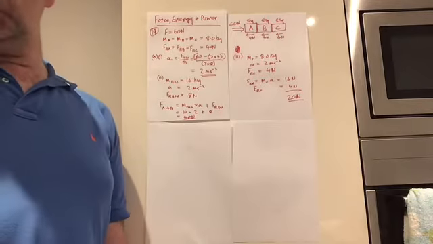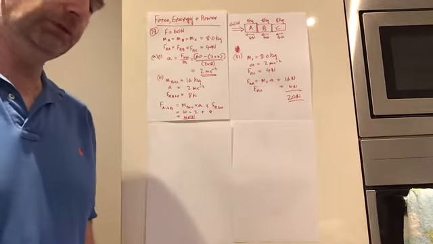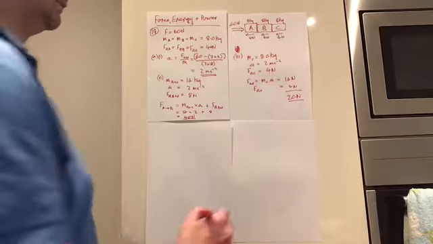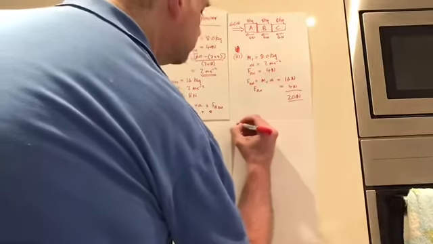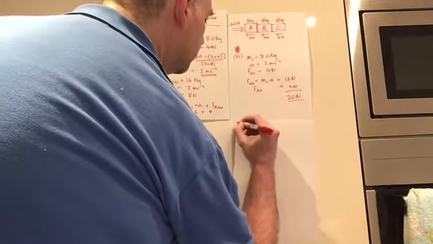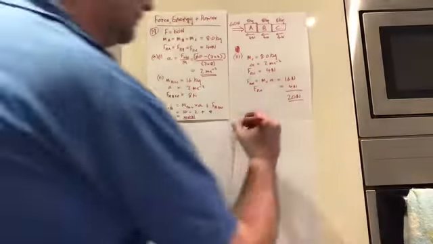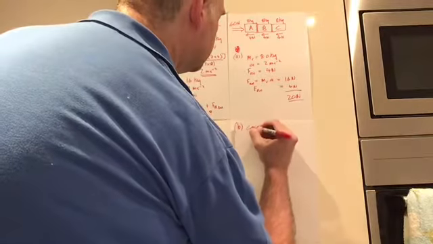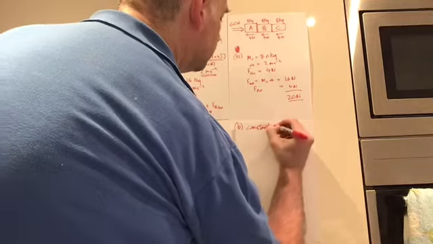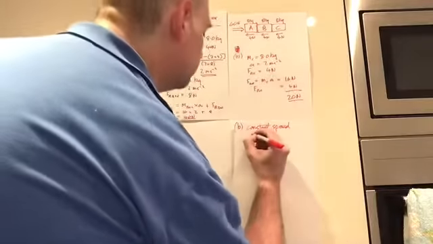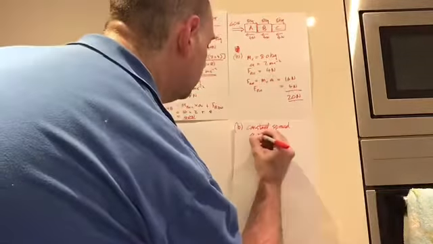In B, the pushing force is reduced until the blocks move at a constant speed. So, here we go. Part B. Constant speed, that's a big clue. Because constant speed means no acceleration. a equals 0 meters per second squared. Which means that the unbalanced force is 0 newtons.